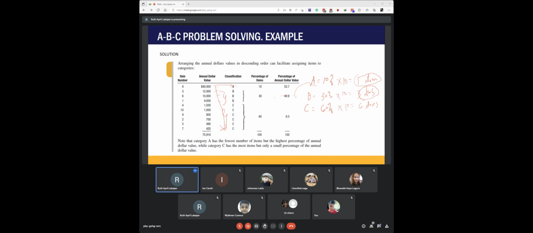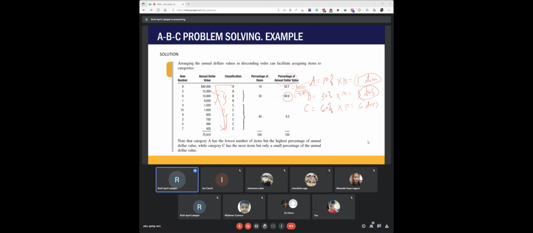Okay, so this will be the percentage of items: 10%, then 30%, then 60%. Then the percent of annual dollar value, where did we get this? Basically, you just divide the amount by the total. So this 52.7 is 40,000 divided by 75,910. This 40.8, where did it come from? You just sum this.